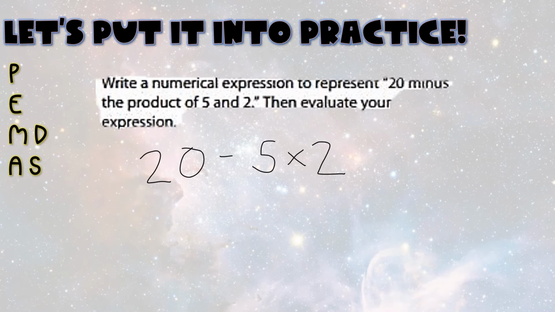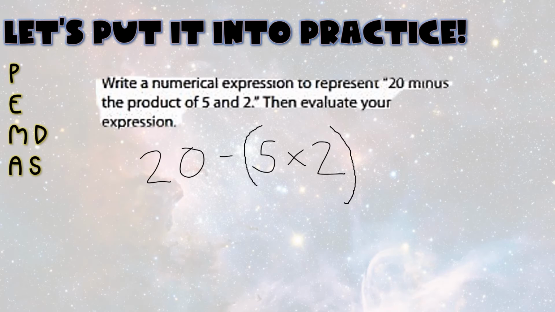If I'm subtracting the product of 5 and 2, that means that I also need to add parentheses, because if I just subtracted 20 minus 5, it might get a little funky later. This could technically be correct without the parentheses, but the parentheses make it a little easier for our eyes to recognize. So if you wrote it without the parentheses, that's okay too.